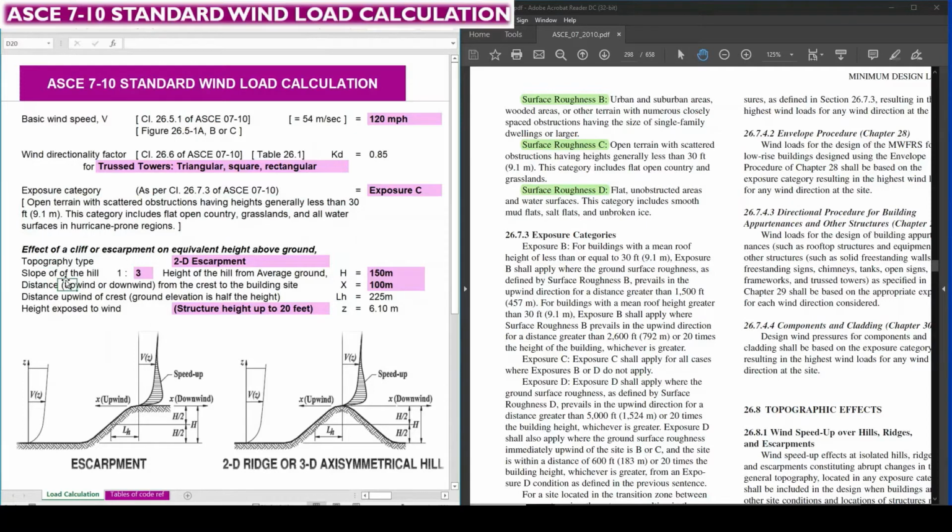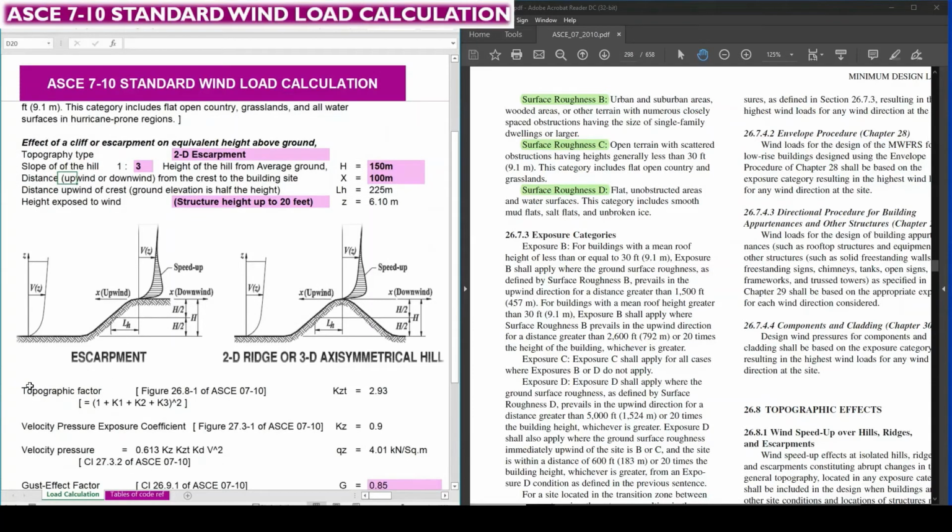Then the next one is the effect of a cliff or escarpment or equivalent height above ground. This input we require to calculate the topography factor.